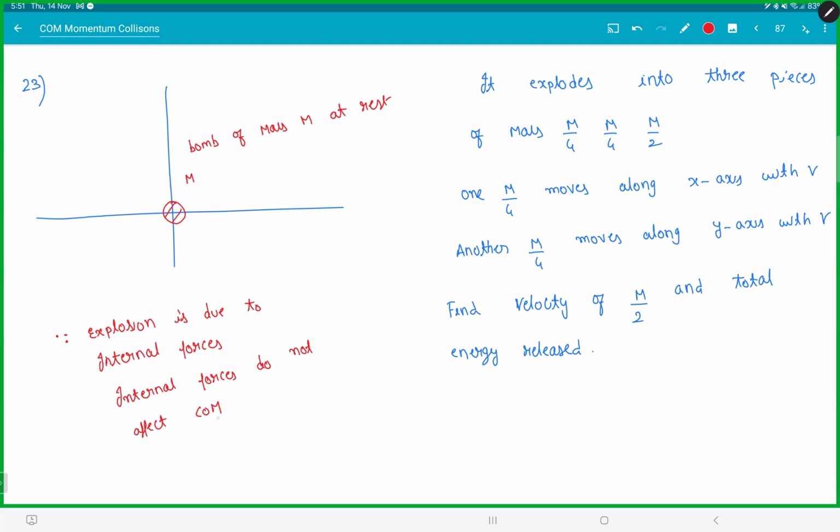They do not affect center of mass. Therefore, momentum is conserved.